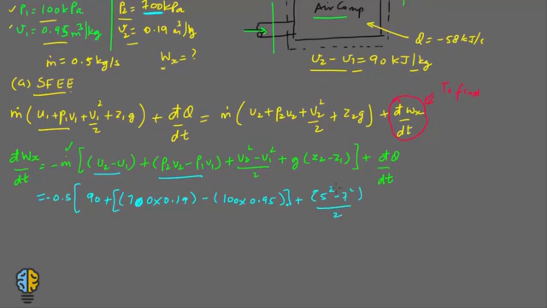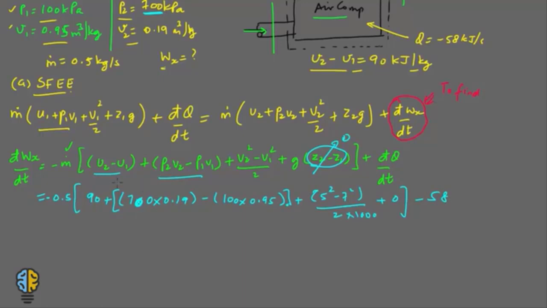Okay, and because this is in joules and everything else is in kilojoules, this would be divided by 1000. Okay, plus g, that is 9.8, and this datum, or you can say elevation difference, can be taken to be 0. They're almost at the same level, and this value dQ by dt is a negative value, which is minus 58.